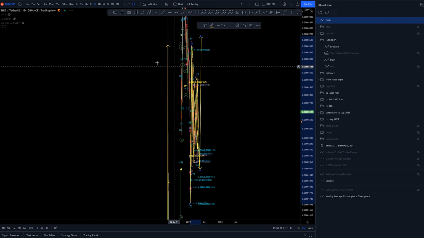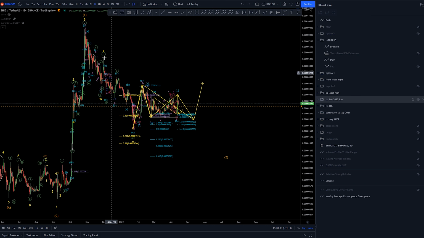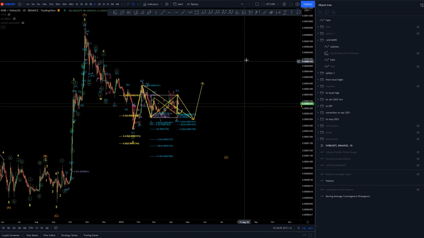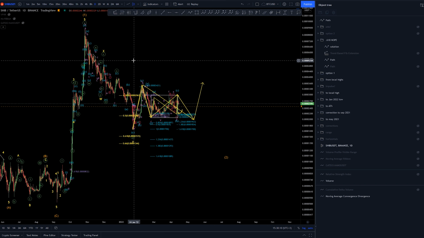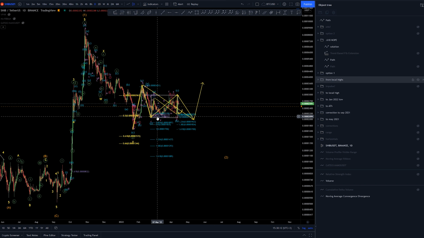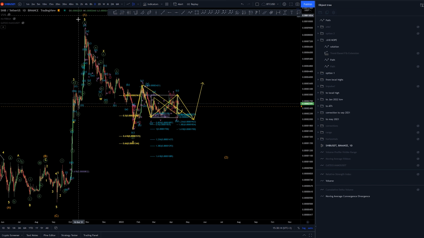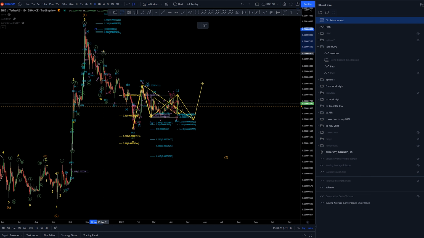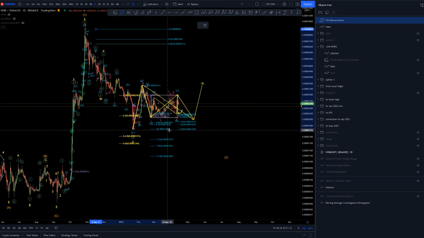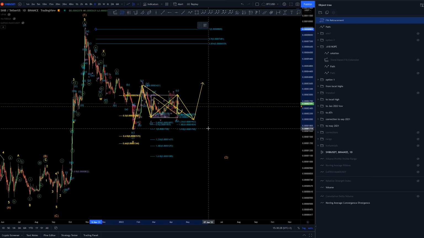On a larger scale, this would be looking something like this, and again this would be a three-wave structure, and depending on how high it goes, we would be looking at a WXY overall or an ABC. For it to be an ABC, again, as I've labeled this first move as a three-wave move, we would need to come really high.